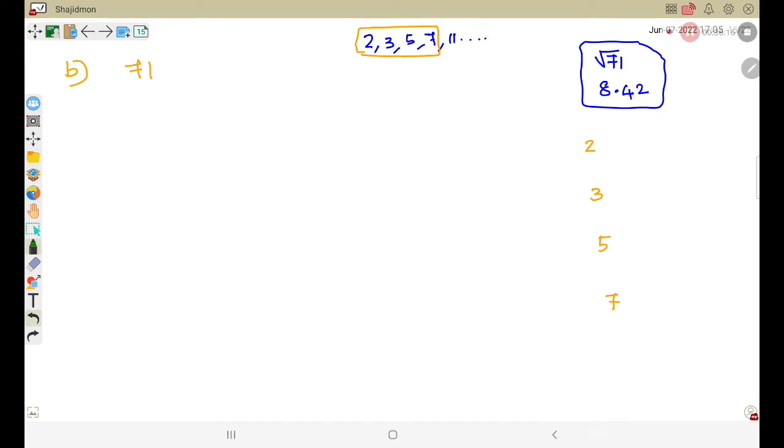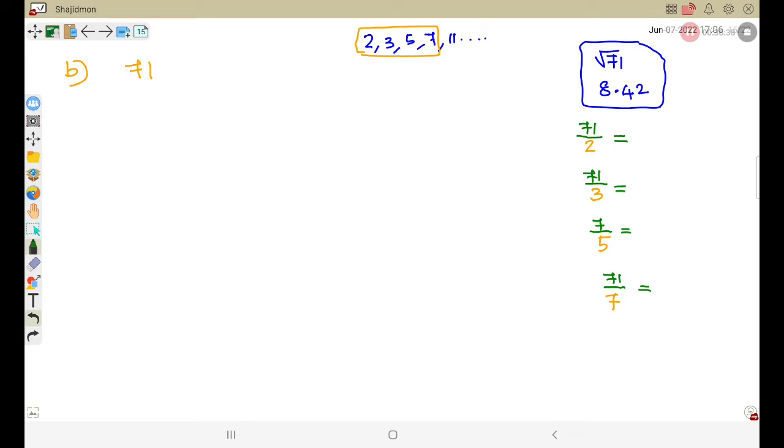Now what will we do? With the original number 71, check whether 71 divided by 2 is possible or not, 71 divided by 3, 71 divided by 5, and 71 divided by 7. Possible means we get an integer or not. For example, 71 divided by 2, is it possible?